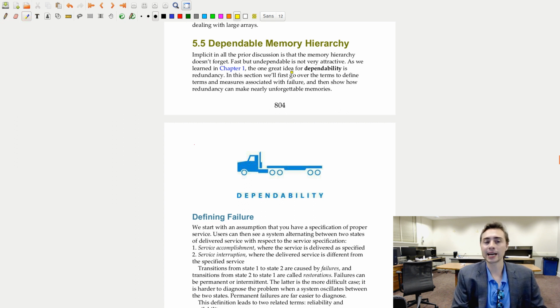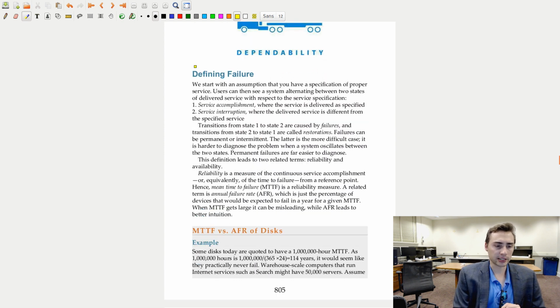But with caches, or rather with the idea that we have to refresh DRAM, we now bring in the idea that if we have to refresh something, there's a possibility of errors. So we should talk a little bit about dependability in the memory hierarchy. And that's the idea of redundancy. The first thing we need to do is define failure.